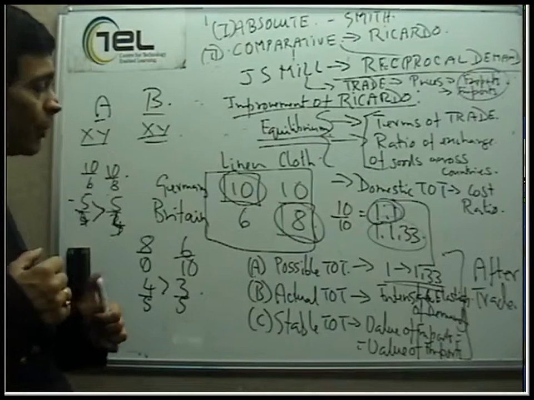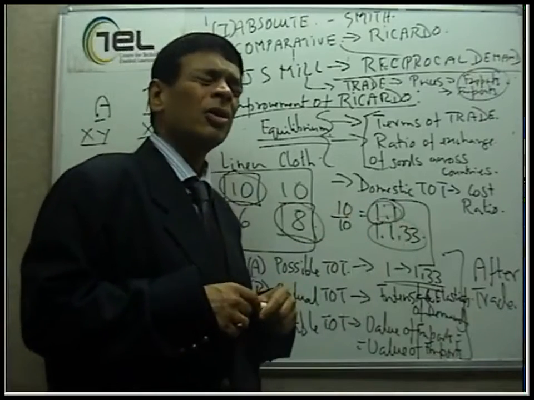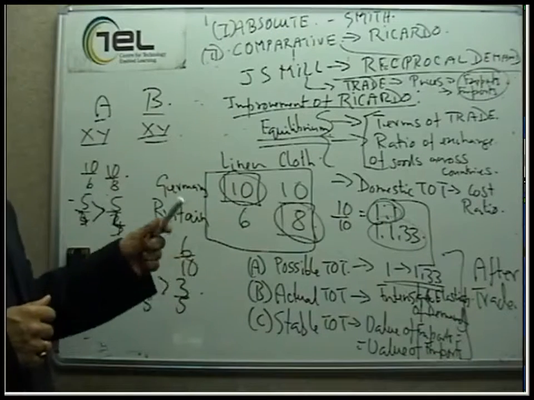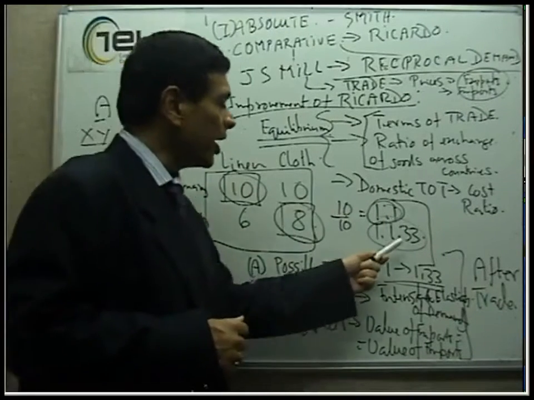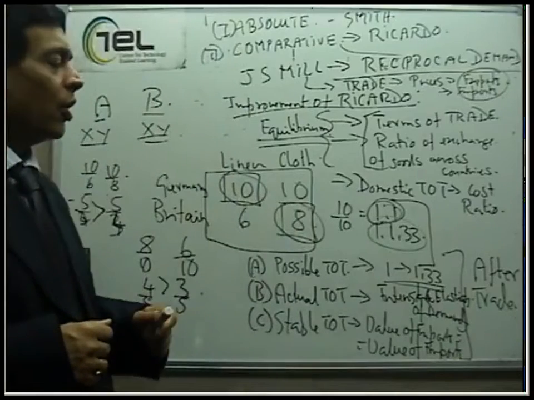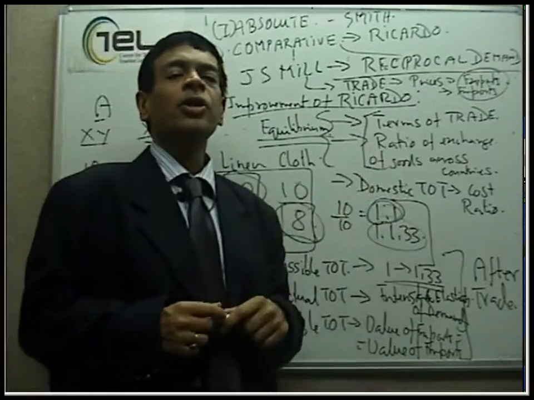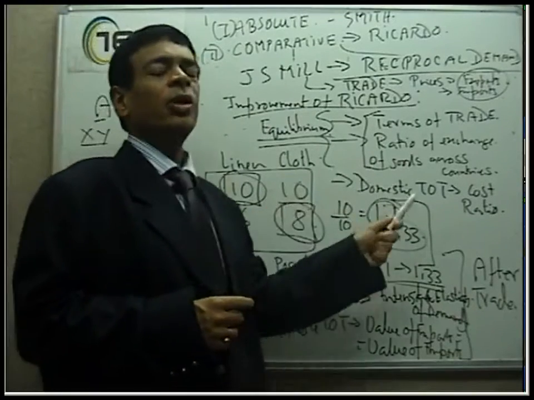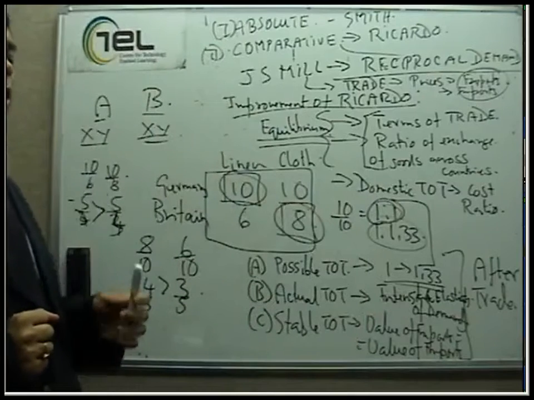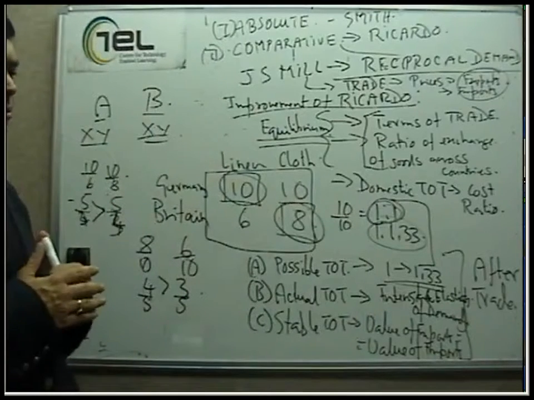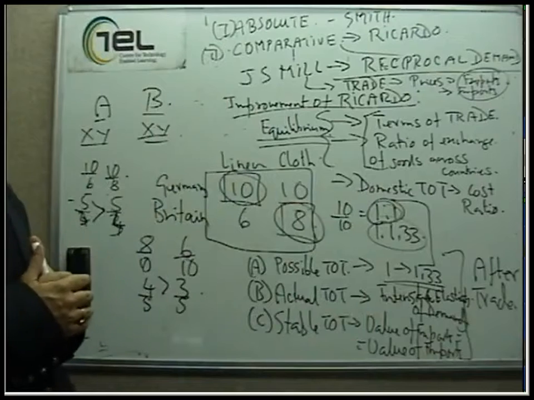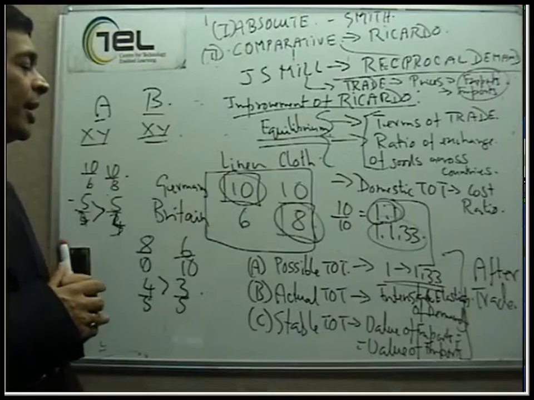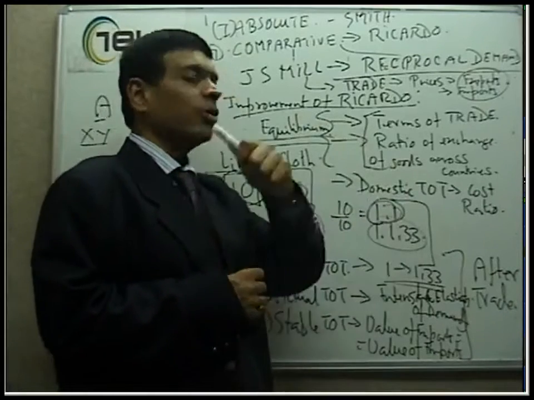The maximum it can give away is 1 unit of linen, because the intensity of demand for cloth is very high. Now, suppose the intensity of demand for cloth in Germany is less than what it was earlier. Then it would get 1.33 of cloth in exchange for 1 unit of linen. In other words, it's exporting 1 unit of linen under both cases. But when demand for cloth is intense, which means highly inelastic demand, it can only import 1 unit of cloth.